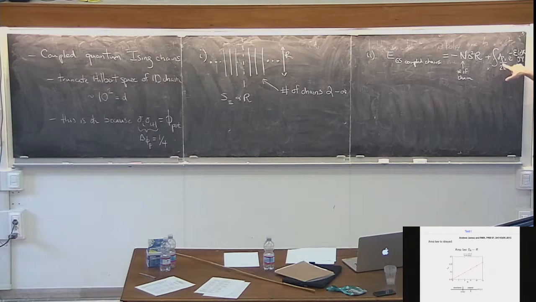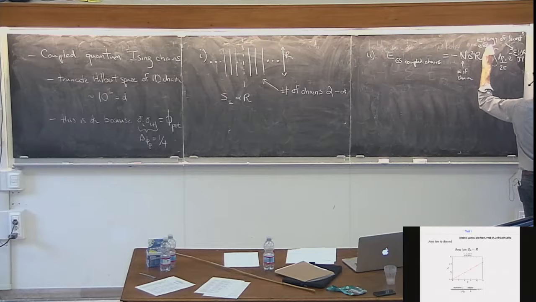So this is an integral over the momentum of that lowest lying excitation. This is the energy of the lowest lying excitation, and then that's the chain length.